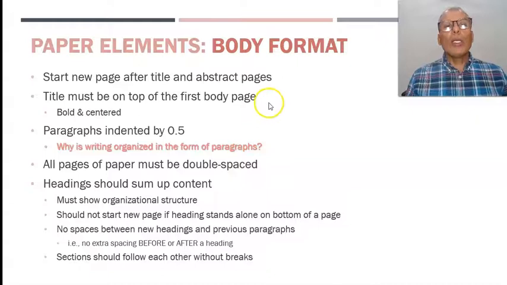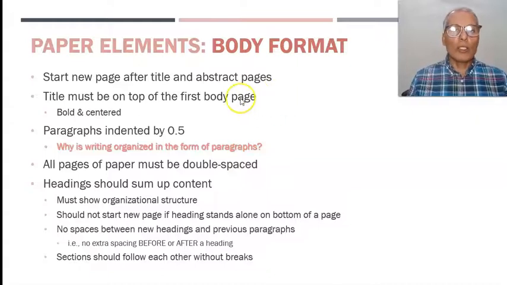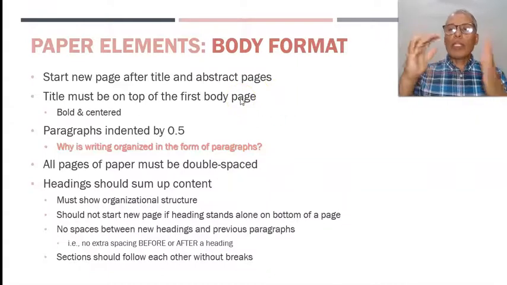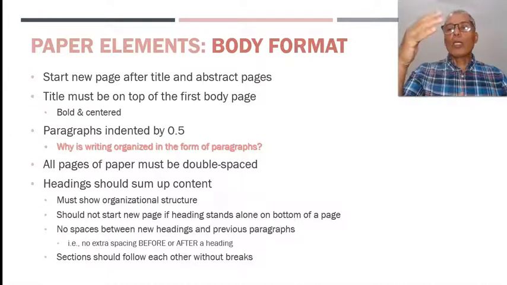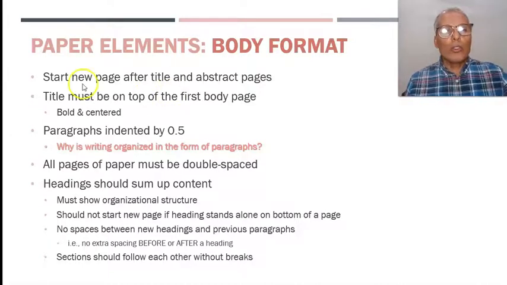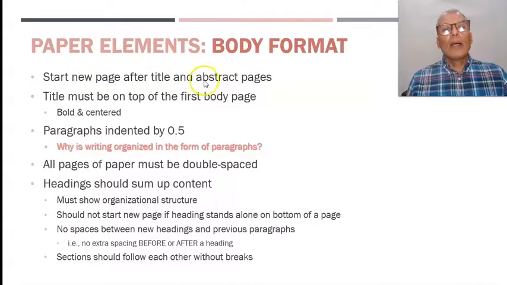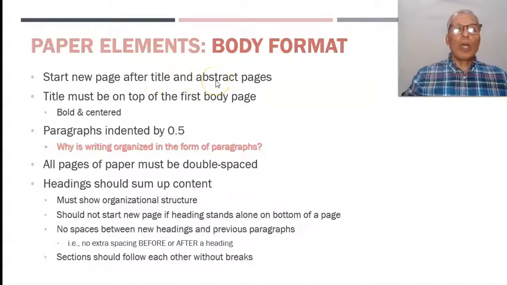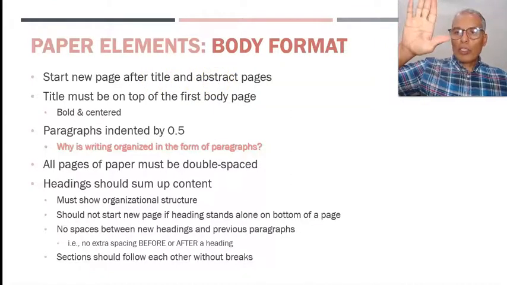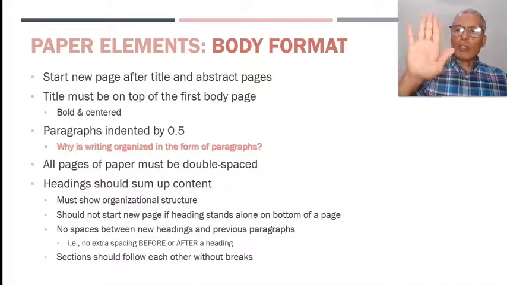So how is the body formatted? Formatting is about spacing, about where you put things and how many spaces you use. First you have a title page, then an abstract page, which we discussed.